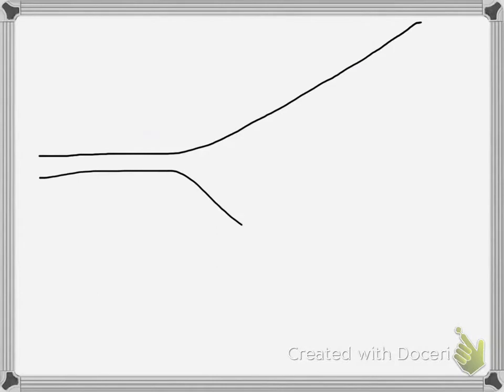All right, so let's just look at a replication fork, and we'll do it very similar to the way your book does it, all right? So if I'm going to make my replication fork, I'm going to go like so on the top and like so on the bottom.